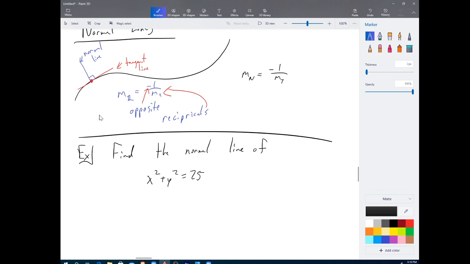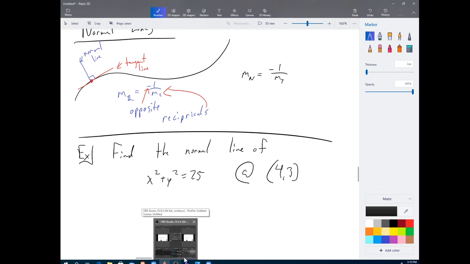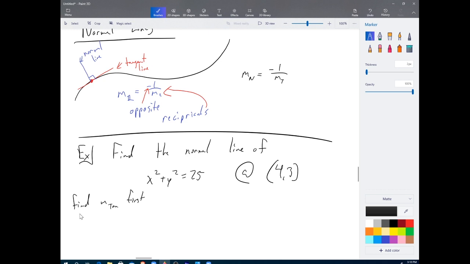X squared plus y squared is a circle equation. Whatever it equals is the radius squared. And let's find that at the point (4, 3). I'm going to use my derivative because I do want to find the slope of the tangent line first. There's no way to just jump to the slope of a normal line.